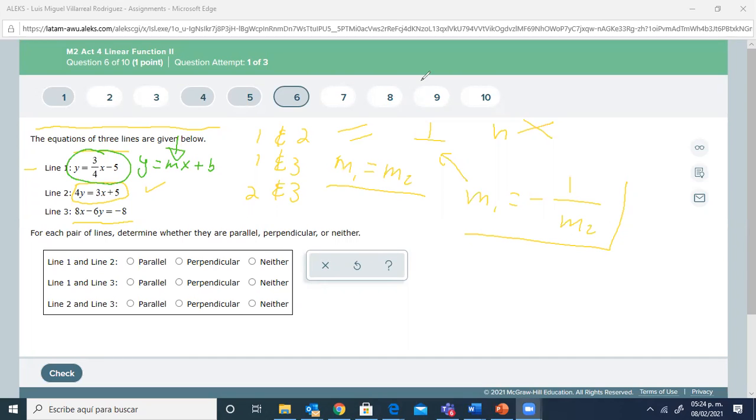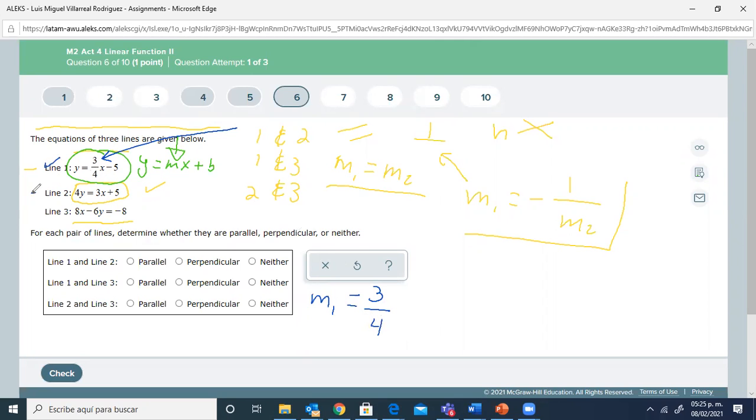So we're going to figure out the slope for each one of the lines. For the first line, the slope is the coefficient of x. So the slope for line 1 is equal to 3/4. It's basically reading the coefficient here.